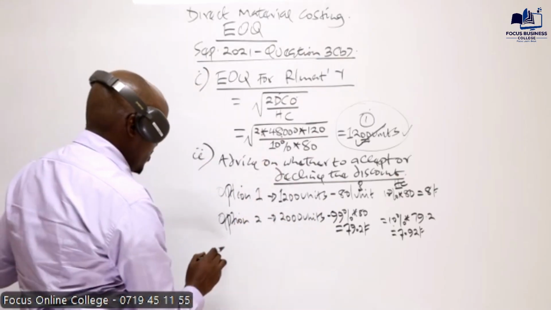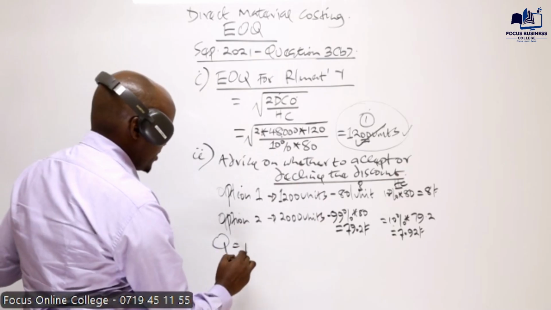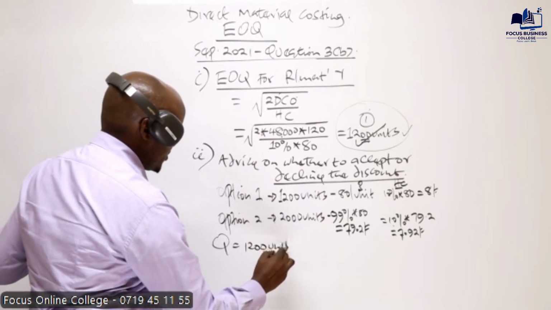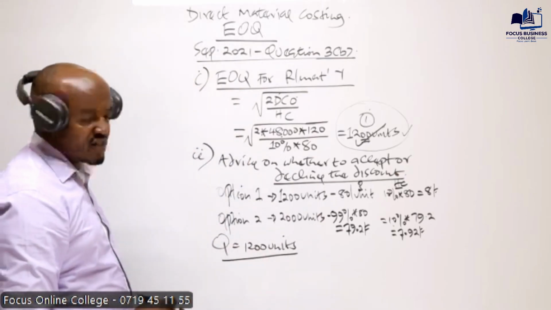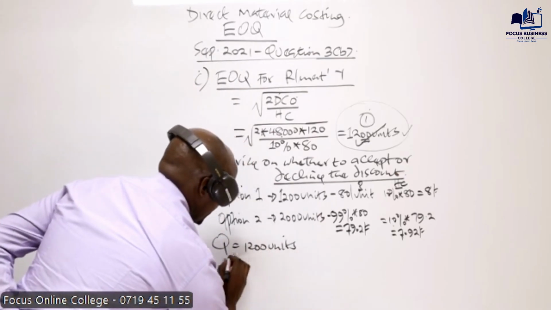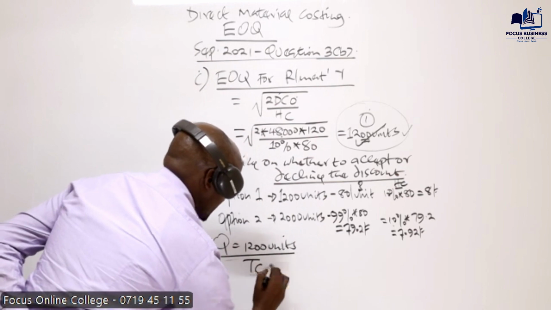We start with option 1, where our Q is 1,200 units. Remember, we evaluate this option by computing the total cost. So what will be the total cost?